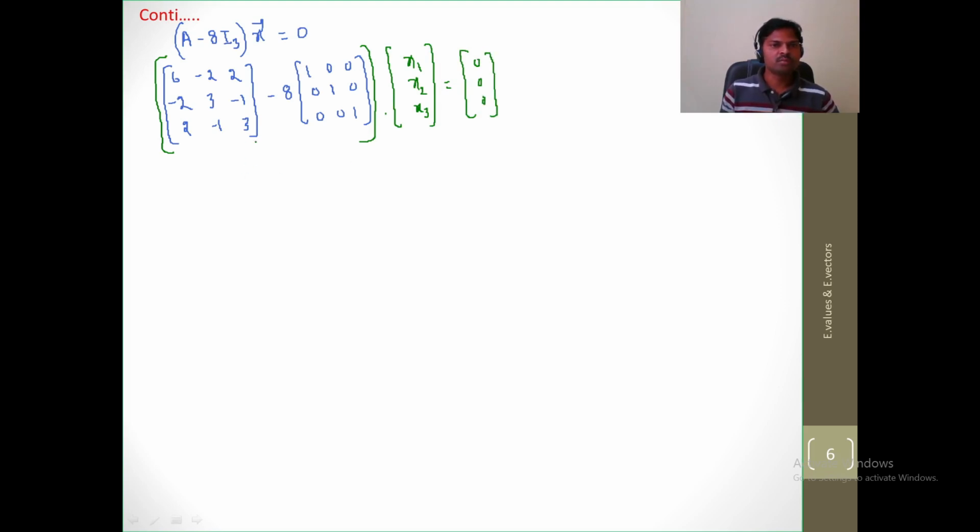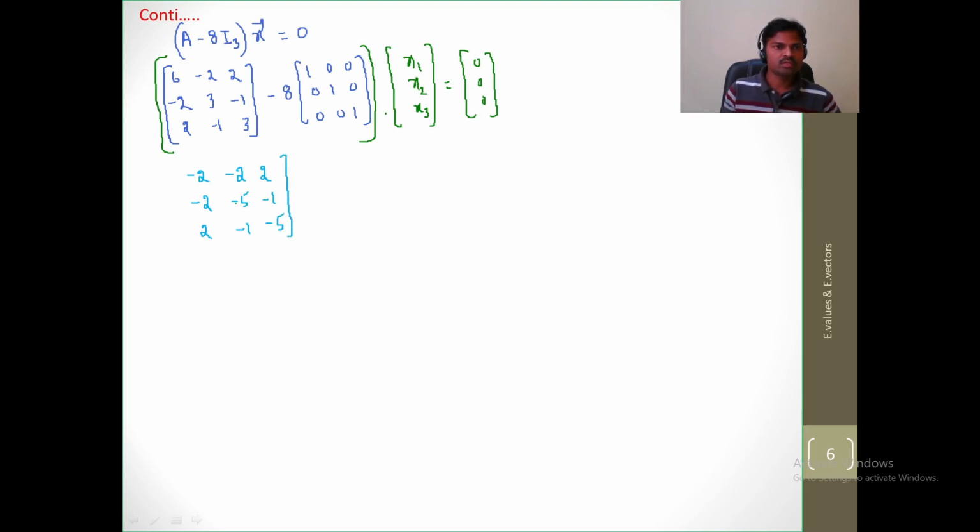Then simplify the two matrices. What will we get? 6 minus 8 is minus 2, then minus 2 and 2. Second row: minus 2, 3 minus 8 is minus 5, and minus 1. Third row: 2, minus 1, and 3 minus 8, again minus 5.